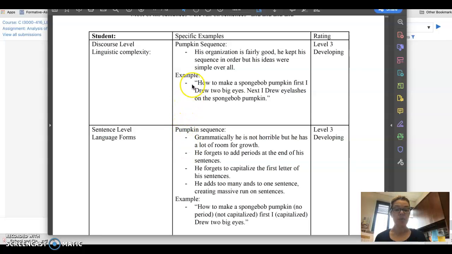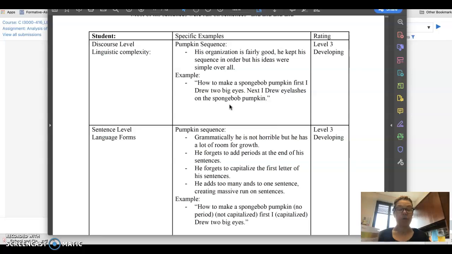So for example, in the area of linguistic complexity, it might be hard to really give a clear example here, but if so, you might explain to me why you picked out these two sentences, why you thought that those are a good example of that he's at level 3, that he's developing his organization.